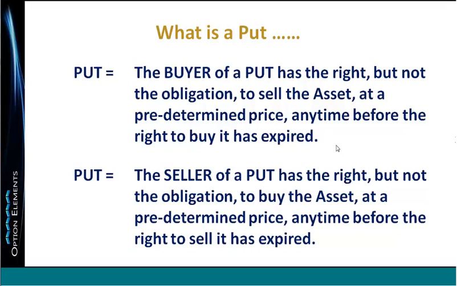The buyer of a put has the right to sell the asset at a predetermined price. So it's the opposite of the call. If you buy a put, technically what you're expecting is that the market's going to go down.